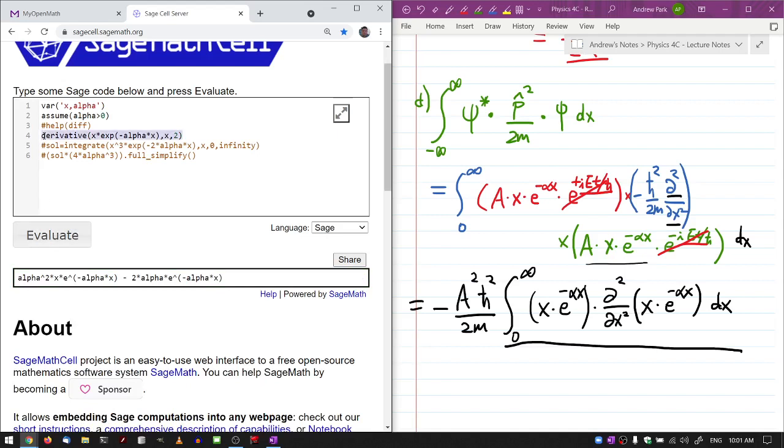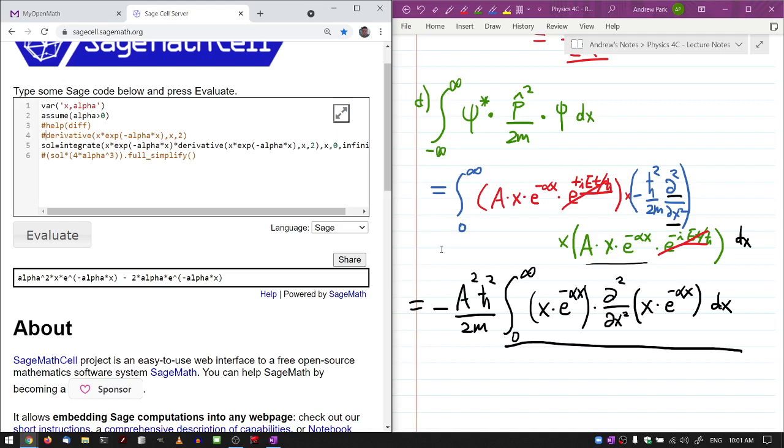All right, that's the second order derivative. And what I need to do is do this. So I have x times exponential of minus alpha times x. That's my first part of the function. And I have the second order derivative of that same function, which is here. And I'm going to integrate it with respect to x from 0 to infinity, all the while assuming that my alpha is greater than 0.